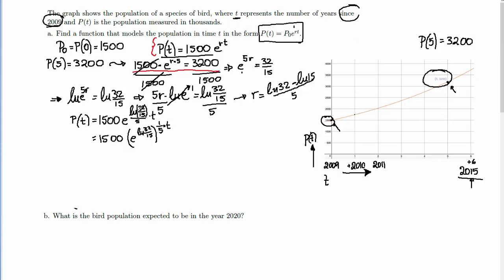What did I do here? Well, you have a fraction at your exponent. It is like if you have ln of 32 divided by 15 times 1/5 times t.